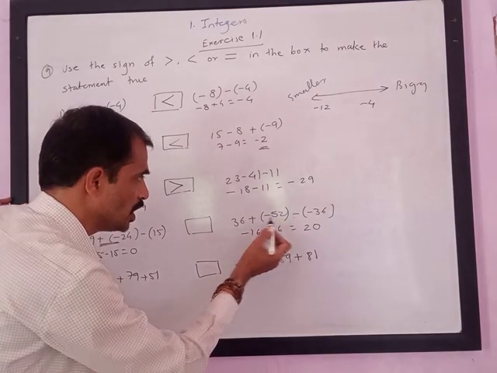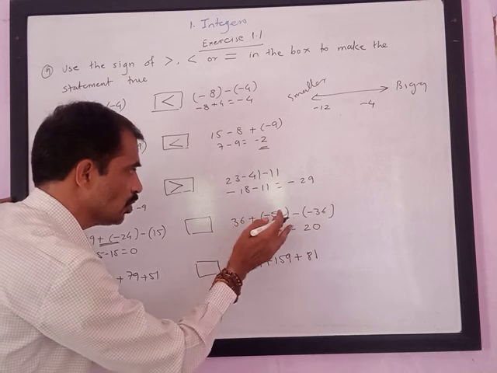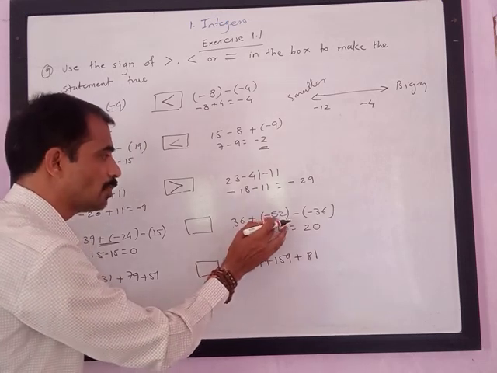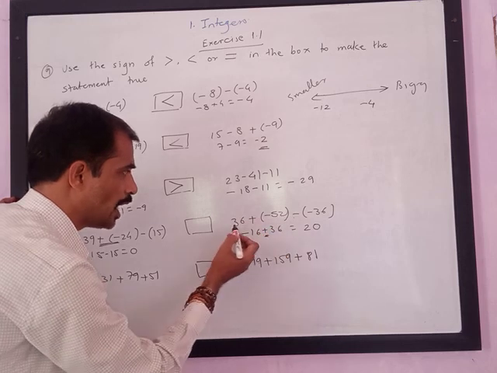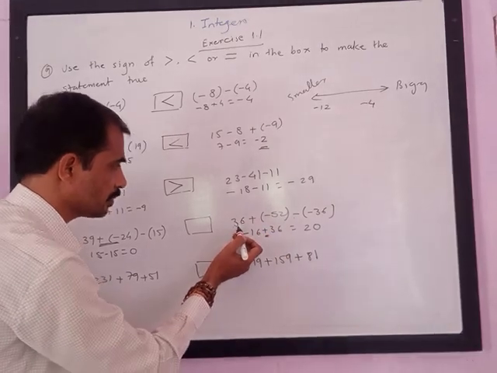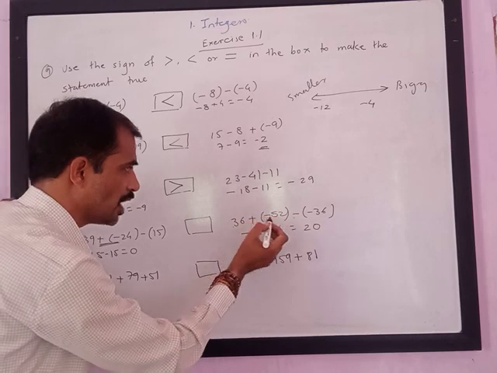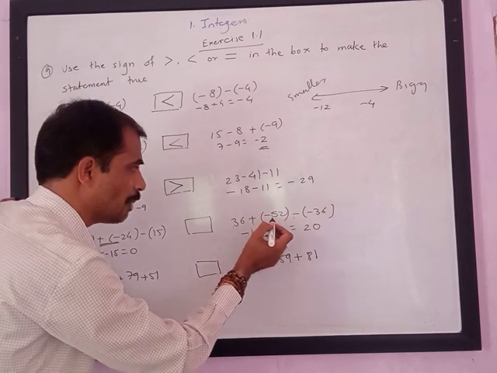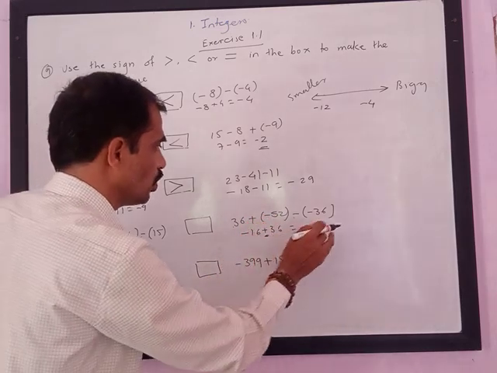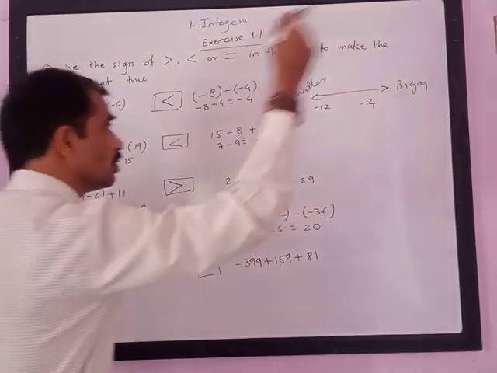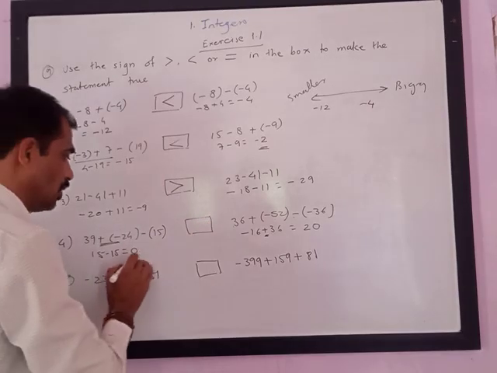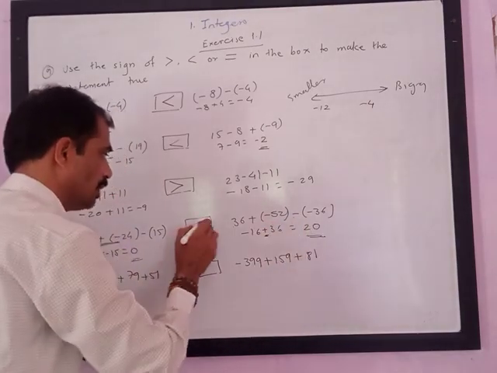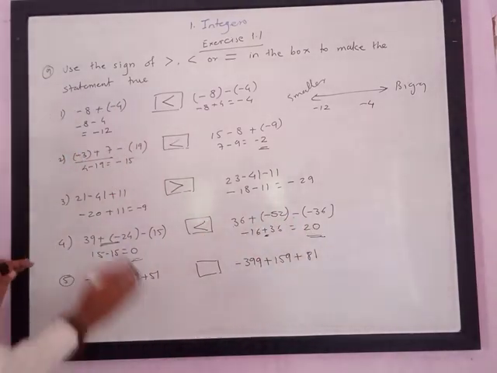Here 52 is negative and 36 is positive. Opposite signs are there. We have to do the subtraction and give the sign of bigger magnitude integer. Here it will be 52 minus 36 is 16, and give the sign of negative, since it is a bigger magnitude integer. So this is equal to plus 20. Plus 20 will be to the right side and 0 will be to the left side. When you compare, 20 is bigger and 0 is the smaller.